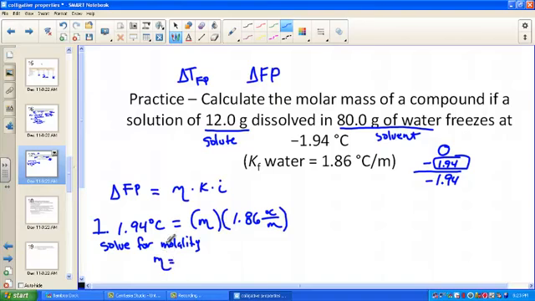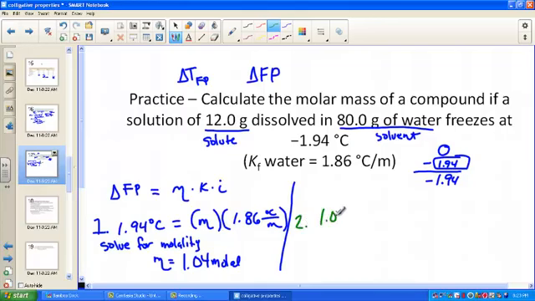I'll hit 1.94 divided by 1.86, and I get 1.04 molal. Step 1, solve for molal. Step 2, what does molality tell us?